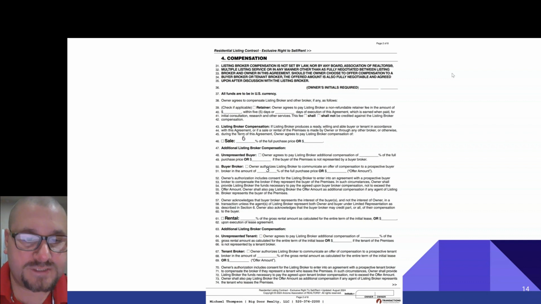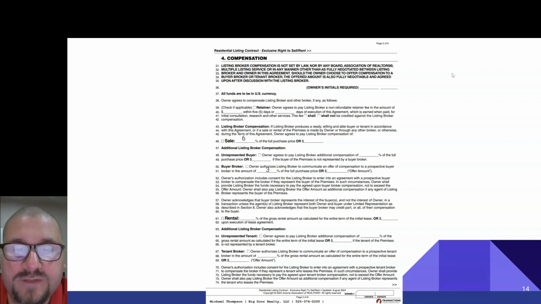Owner authorization includes consent for the listing broker to enter into an agreement with a prospective tenant broker to compensate the broker if they represent the tenant who leases the premises.